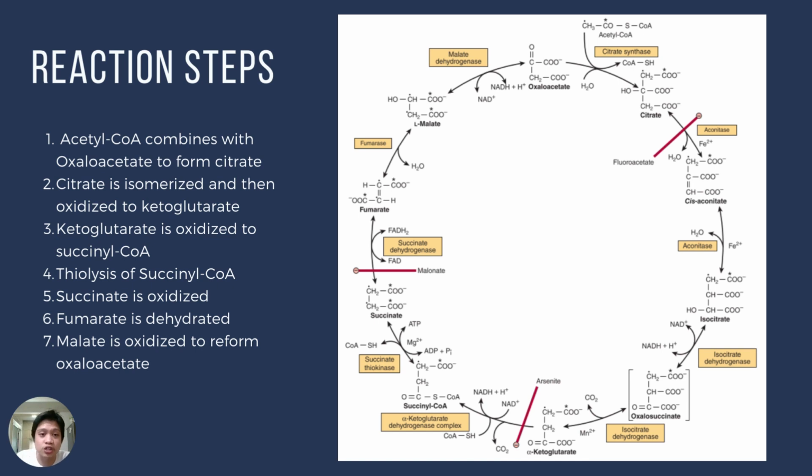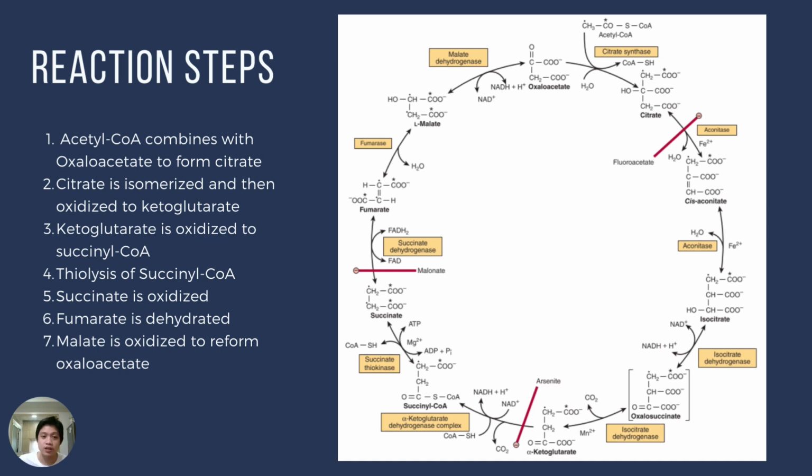But in other texts, you will see that the one that captures the phosphate group would be GDP. And therefore, GDP forms GTP, guanosine triphosphate, which is equivalent to a molecule of ATP. So 1 molecule of guanosine triphosphate is energetically equivalent to 1 molecule of adenosine triphosphate. That step will produce succinate.